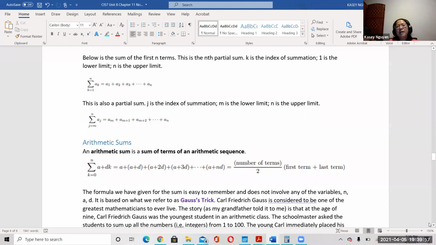Let's say you have to add up 100 values in an arithmetic sequence. That's going to take a long time, so we want to find a better way to solve for it. We have what's called Gauss trick.